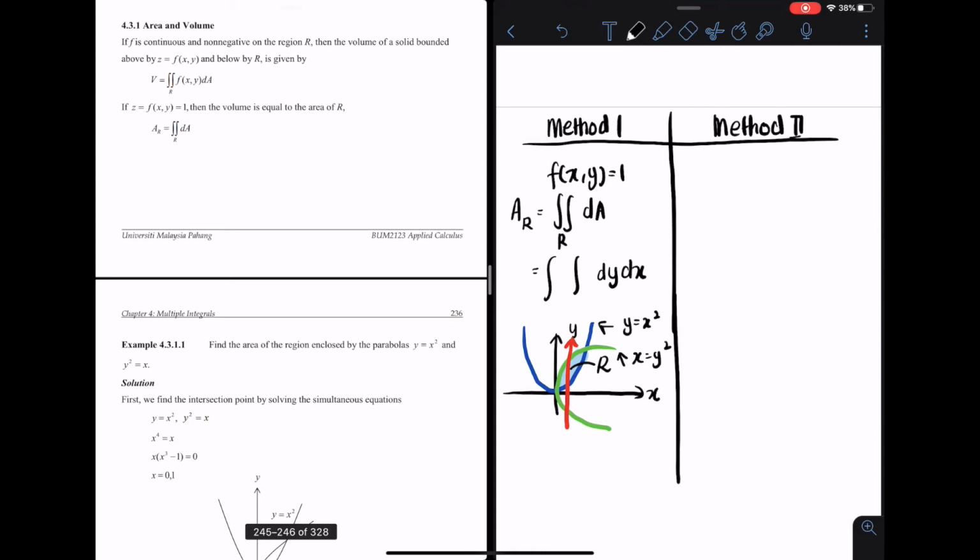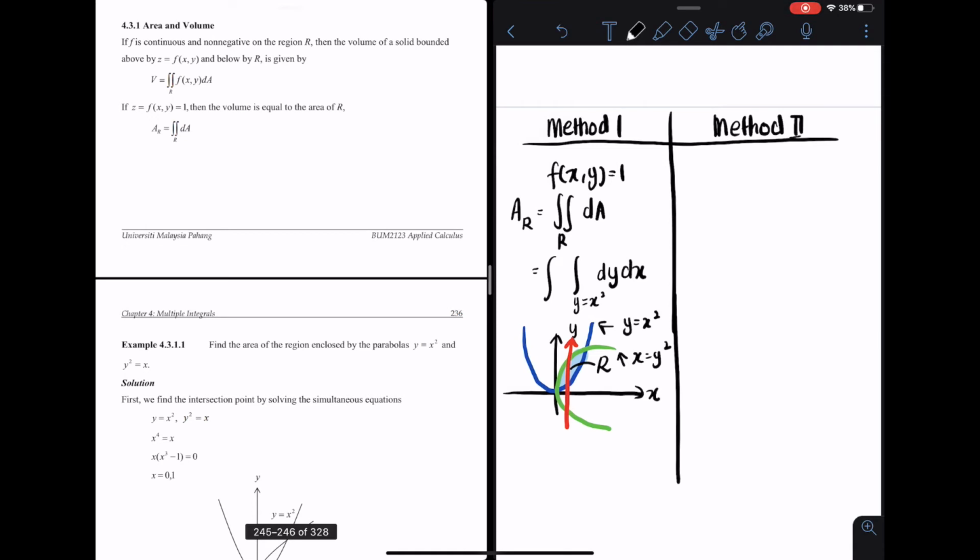Since we have to solve the problem by using type 1 integral, the first integral will be with respect to variable y, and y should be the subject of your equation. So I have y is equal to x squared, and x squared should be the lower limit with respect to variable y.